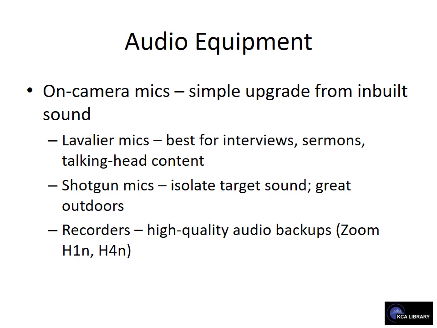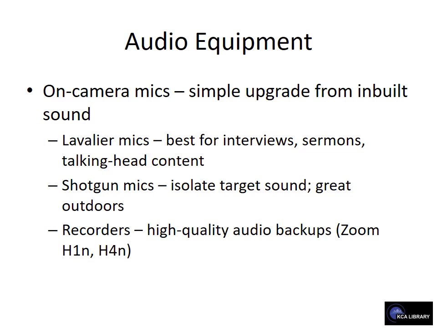So for the audio equipment, I think I already mentioned a little about it, but you have the on-camera mics, which is just a simple upgrade from the inbuilt sound. Some people use the original camera sound, but then you would not be able to filter noises and all of the background noise.